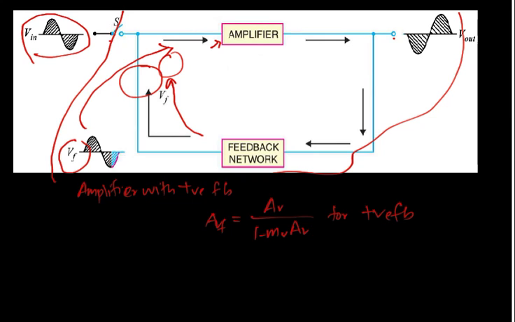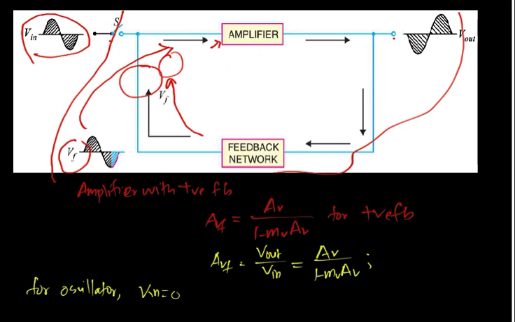But if we consider that usually the gain of any circuit is given by V out divided by V in, the output voltage divided by input voltage. Here it is AV divided by 1 minus MV AV. But for an oscillator, V in is equal to 0. This implies AVF is infinity, or ideally we can call it infinity, but it is very high.